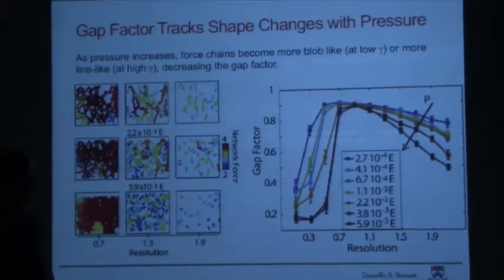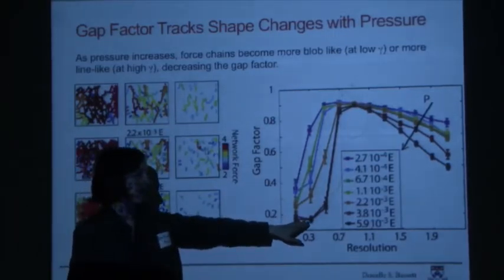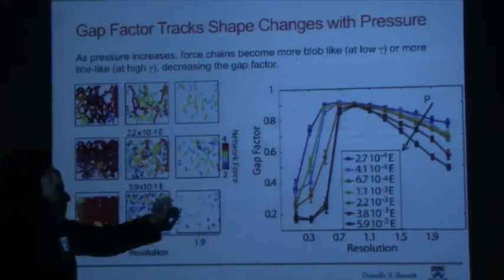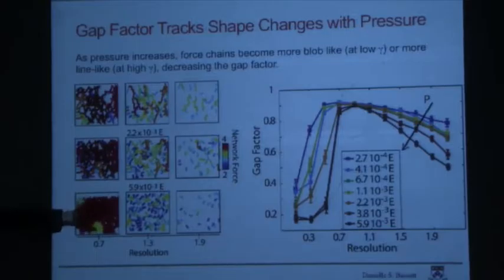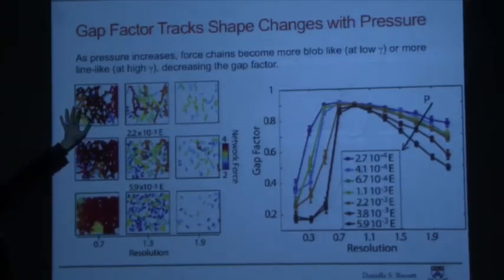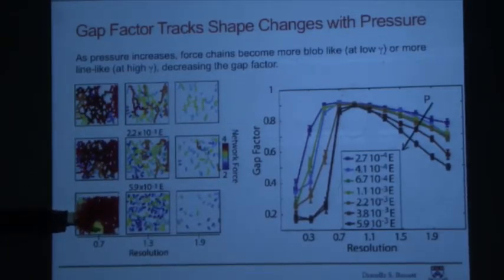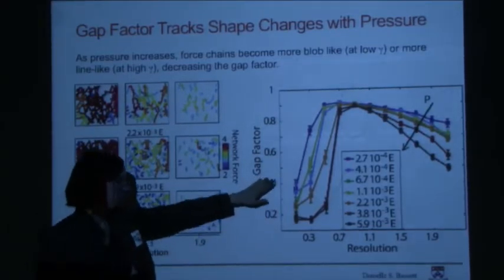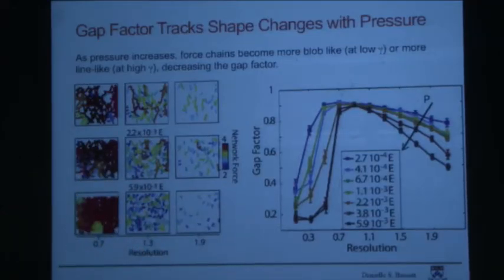What that indicates is that the amount of branchiness is decreased at higher pressures compared to low pressures. And that's exactly what we see here, right? The amount of branchiness is quite high here, and then down here we get more compact blobs. As you push and push and push, you're just going to get to a compact packing. And that's exactly shown in this gap factor as well.